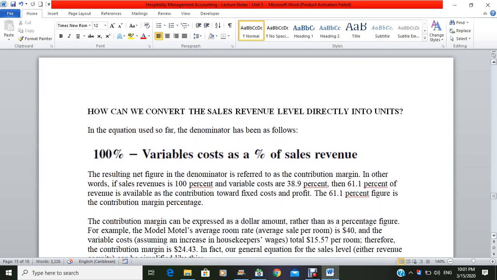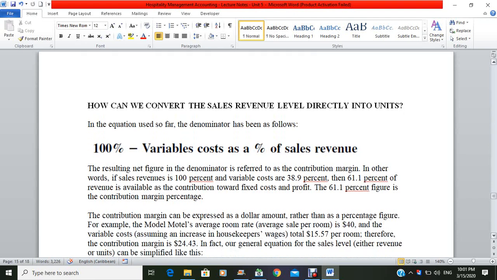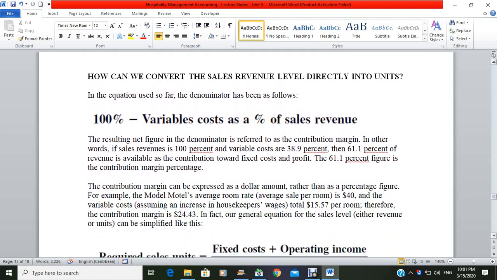How can you convert the sales revenue level directly into units? How can I do that? Now, in the question used so far, the denominator has been 100% minus variable cost as a percentage of sales revenue. The resulting net figure in the denominator is referred to as the contribution margin. In other words, if sales revenue is 100% and variable costs are 38.9%, then 61.1% of revenue is available as a contribution toward fixed costs and profit.